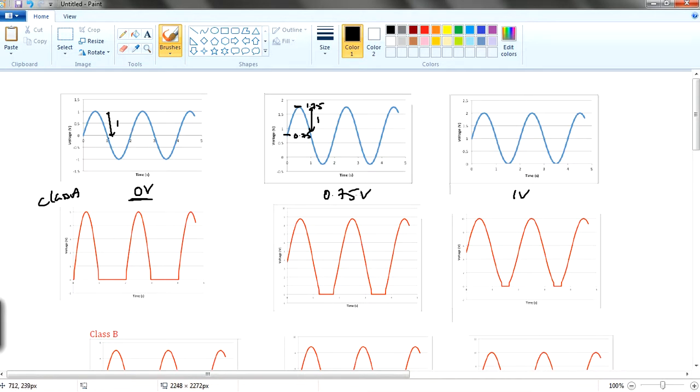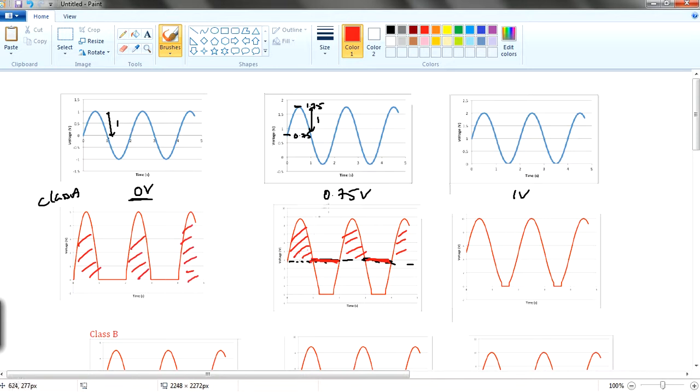If you further increase the biasing voltage, you can increase your amount of output. In this case you have more output, because you have more area under the graph. As you can see, this portion over here, maybe I should draw it in red, is the same as this one over here.